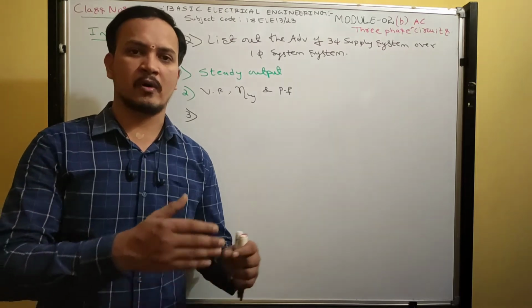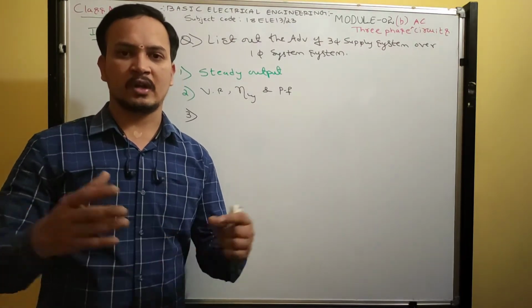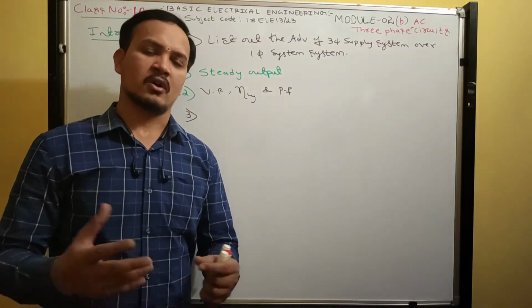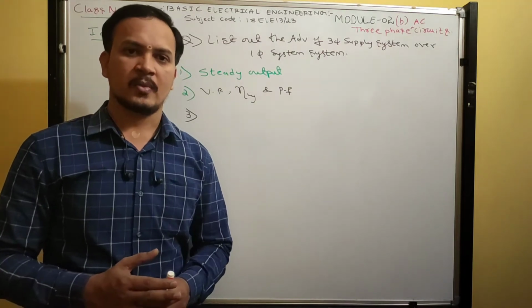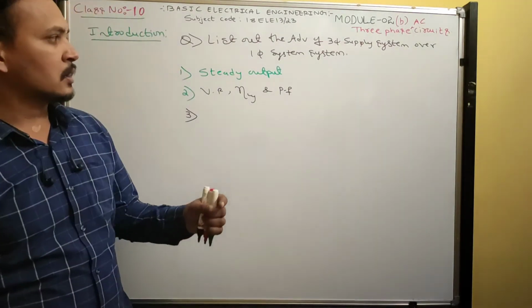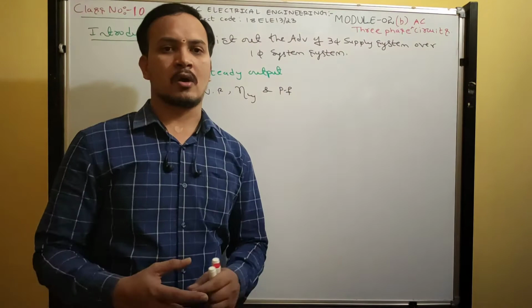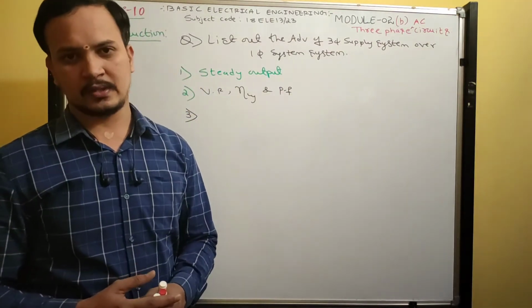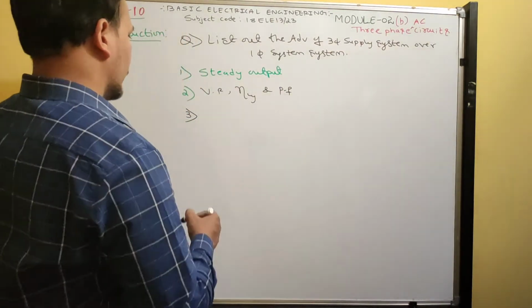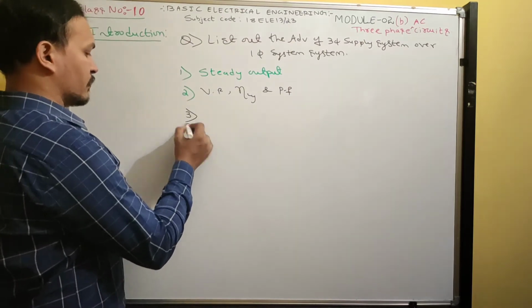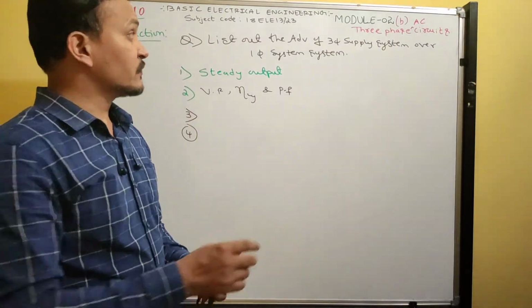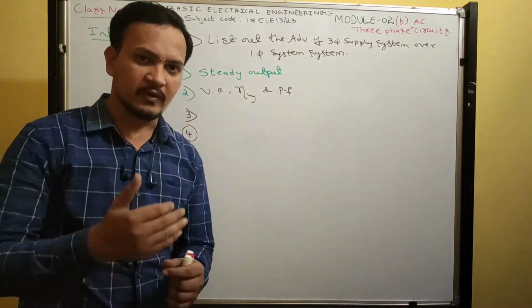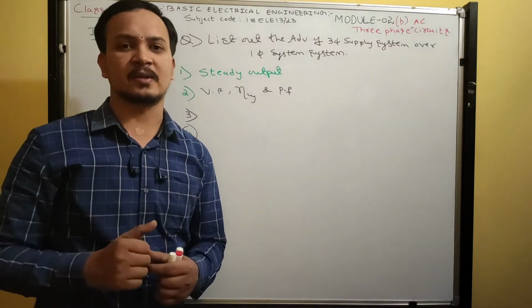We have to transmit power from one place to another, and if it consumes more conducting material, the cost will obviously increase. But if I transmit three-phase power, it is much more economical compared to single-phase. The next major advantage is that from a three-phase supply system we can get a single-phase supply.